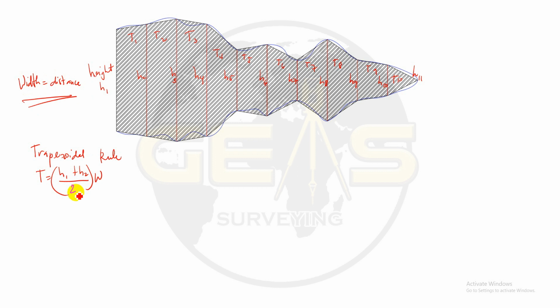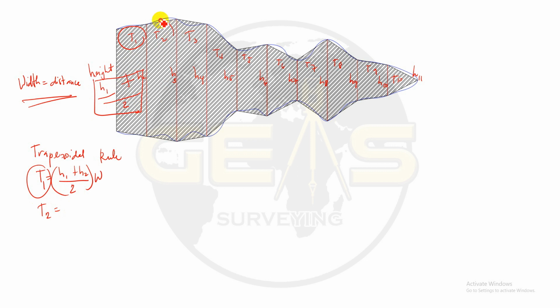So trapezoid 1: T1 is equal to H sub 1 plus H sub 2 all over 2 times the distance.